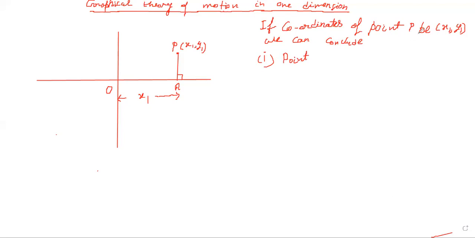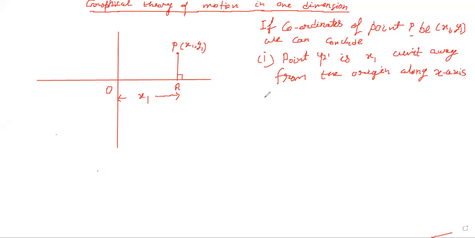We are discussing point P, which is just above A. Point P is x1 unit away from the origin along the x-axis.